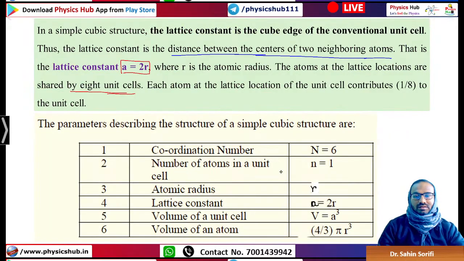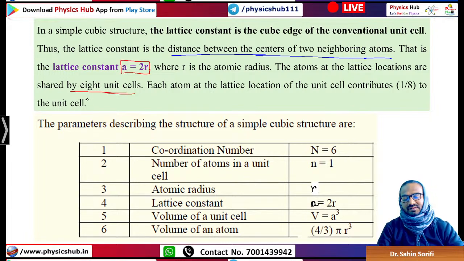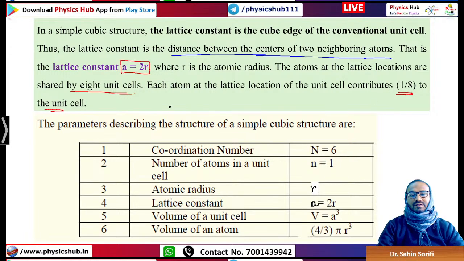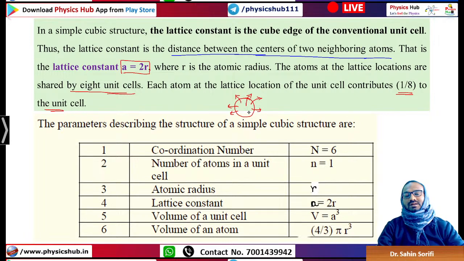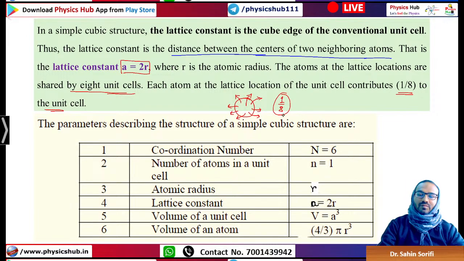Each atom at the lattice location of a unit cell contributes 1/8 to the unit cell. If one atom is contributing equally to 8 different unit cells, what will be the contribution to one unit cell? 1/8. That is why for a corner atom it is taken as 1/8.